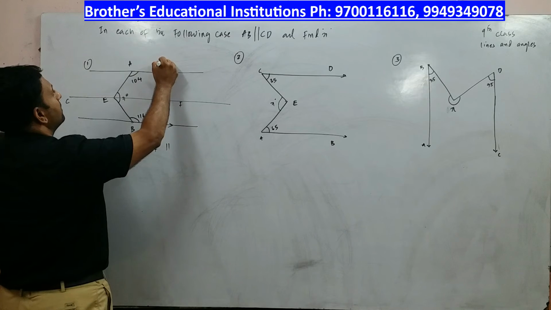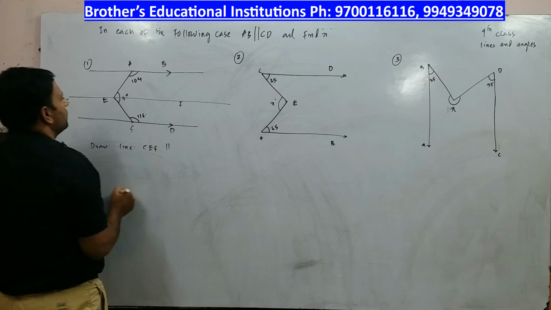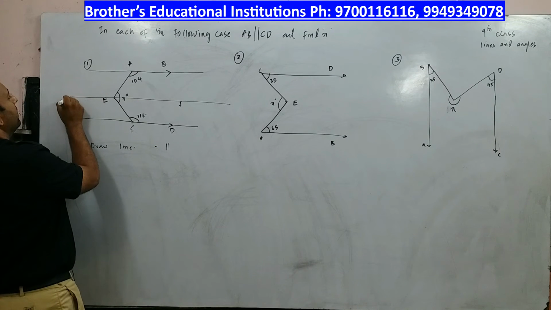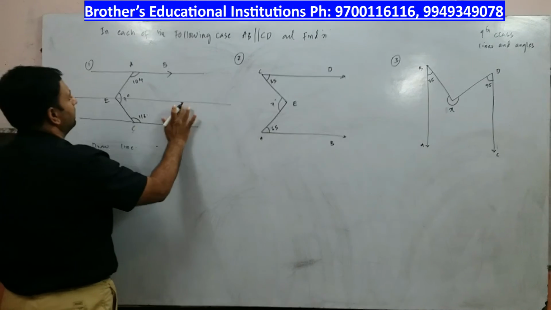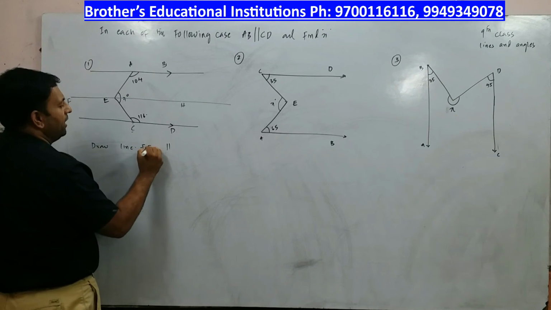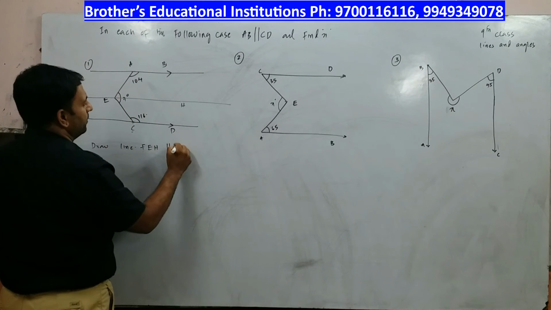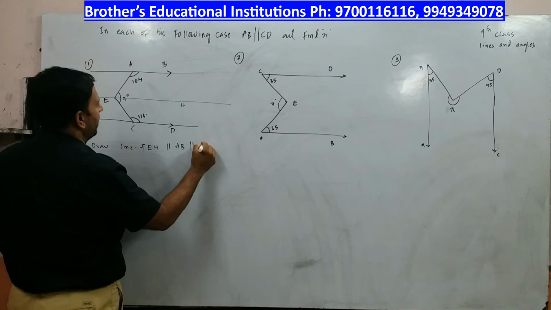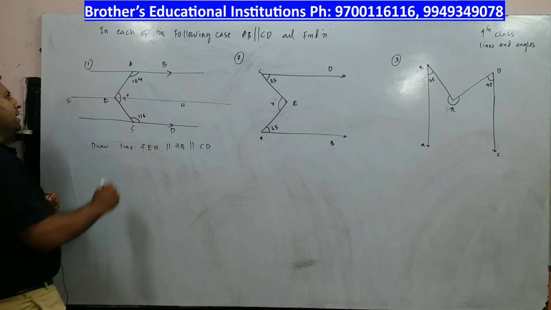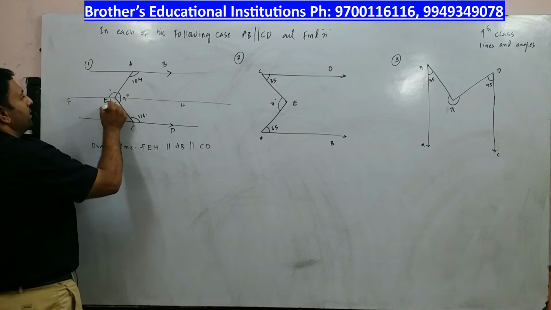Now here AB is parallel to CD, no? This is the given question, AB, and this is CD. So let me say draw line FEH parallel to AB, and that is parallel to what in turn? CD. Now once you draw this parallel, let me call this angle 1, and this 2.